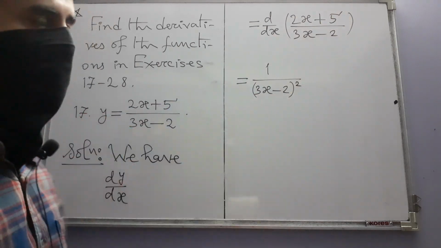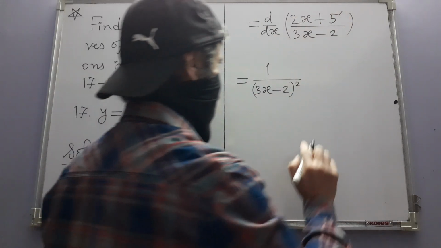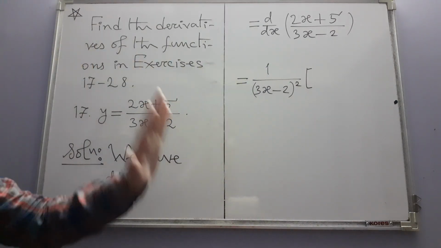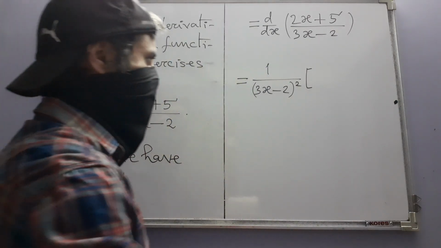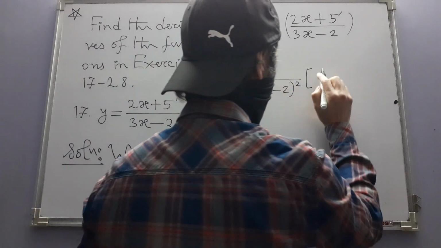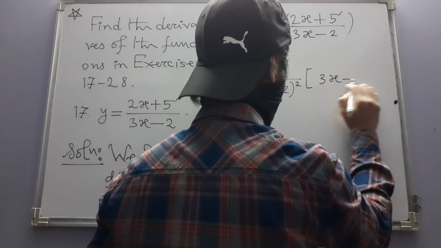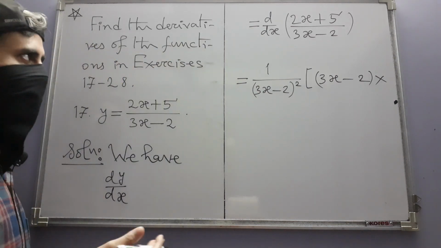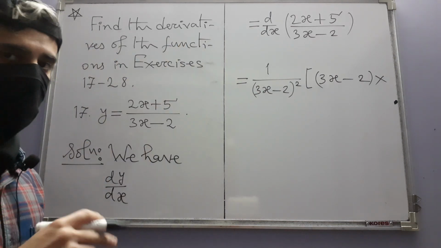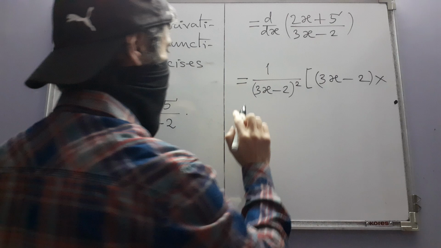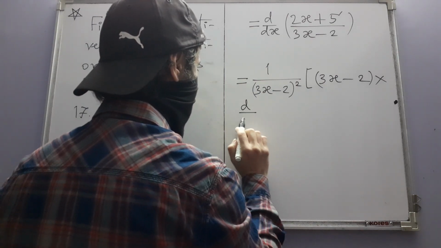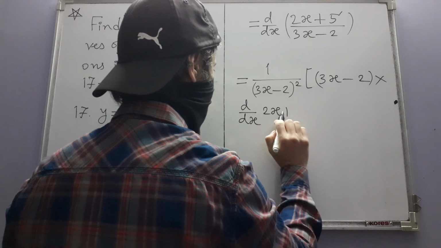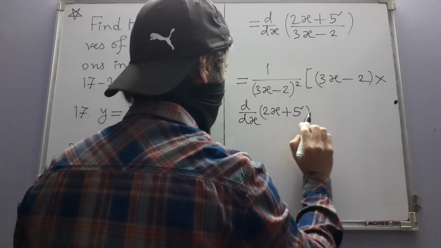So what the quotient rule says is that we have to square the denominator of the original quotient of two functions. And then in the numerator, you have to do first what? You keep the denominator as it is, and with that you multiply the derivative of the numerator, that is this 2x plus 5, minus.